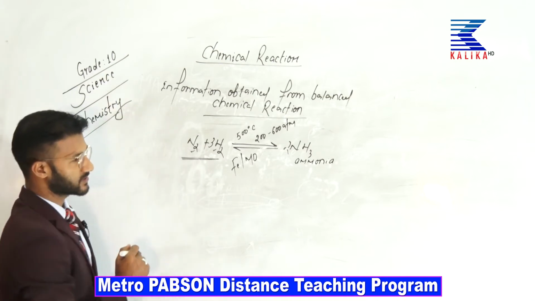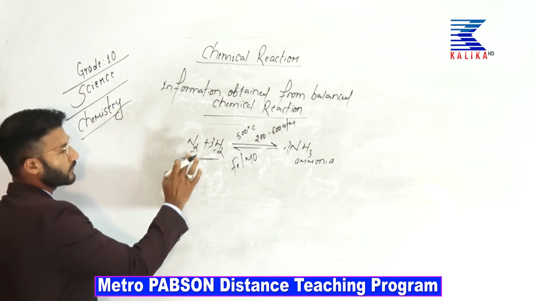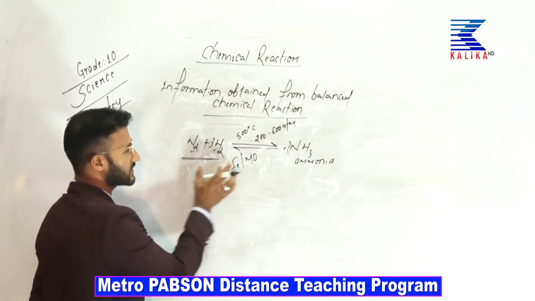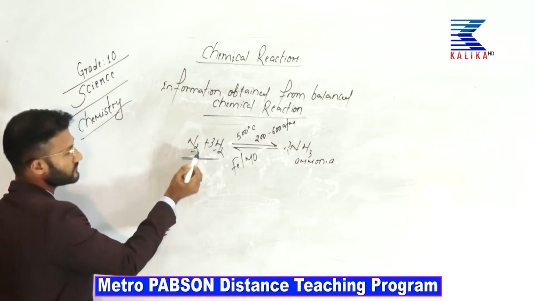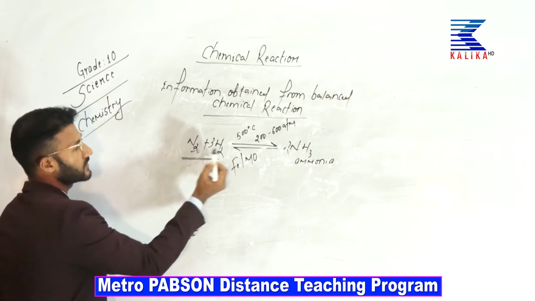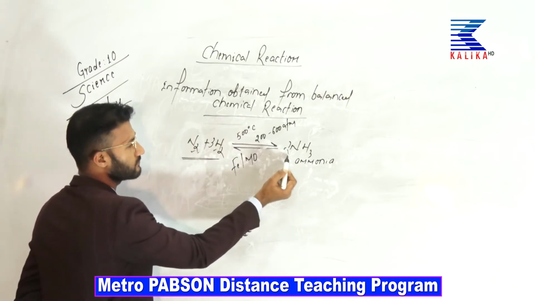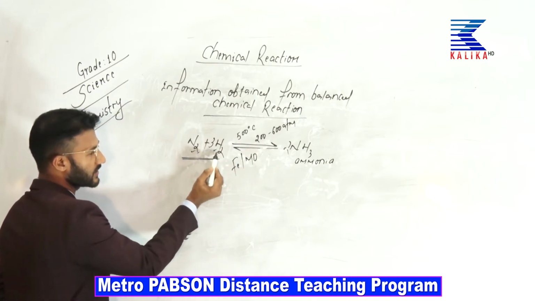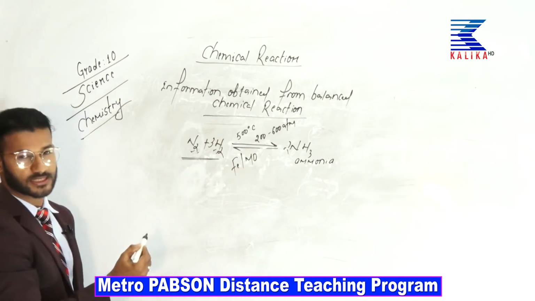Likewise, another information that we can get from here, see, we come to know the total number of atoms or molecules of reactant and products. See, 1 molecule of nitrogen is needed to produce 2 molecules of ammonia gas. In this process, 3 molecules of hydrogen gas is required.